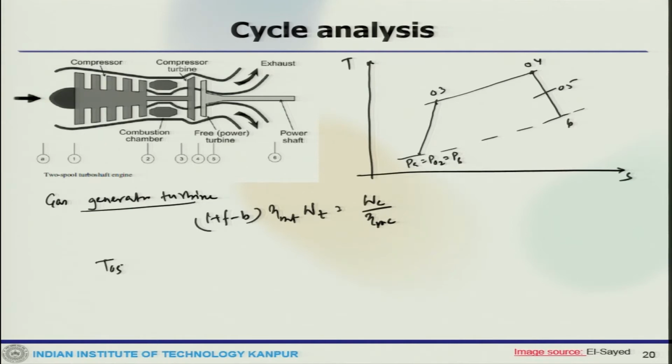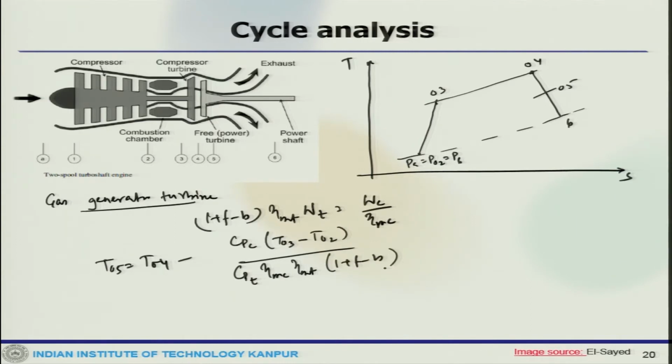So, that gives T05 = T04 - Cpc (T03 - T02) / (Cpt η_mc η_mt (1 + f - b)). And similarly, we get P05 = P04 [1 - (T04 - T05)/(η_T T04)].